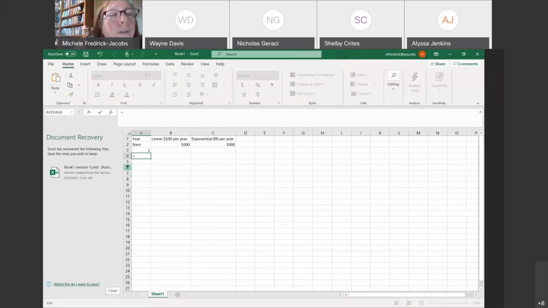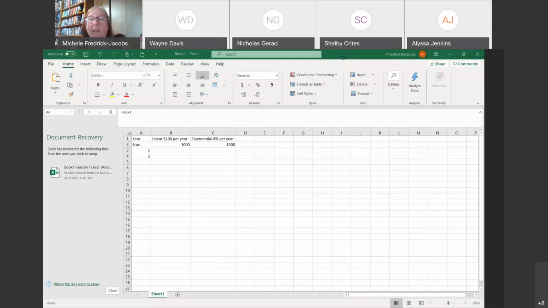So to do that, you can click on A3. Notice it puts the 1 before up there. And then you just add 1. So I typed in my 1 and hit enter, went down to this one, and I put a formula to use the 1 before and add 1. Any questions on that part?